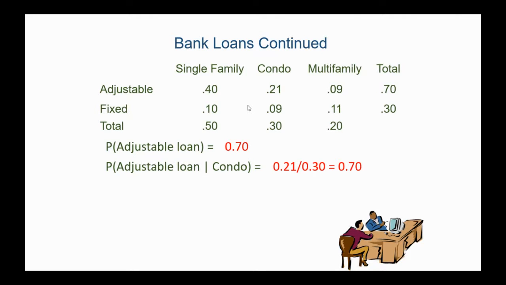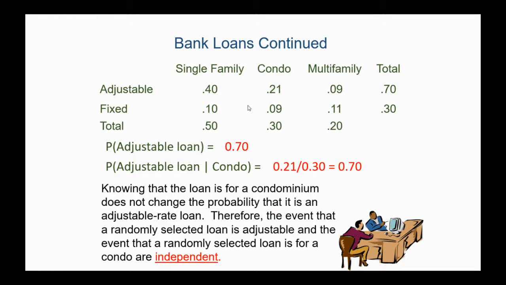So what do we notice? Did the fact that we're getting a condo impact our chances of getting an adjustable loan? No. No, it didn't. So we would say that these two are independent.